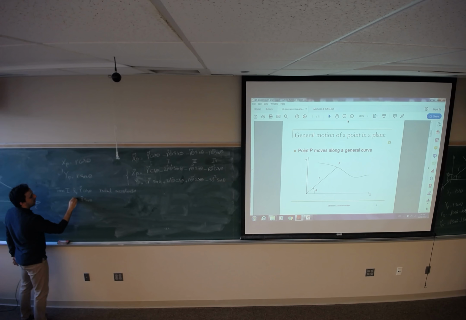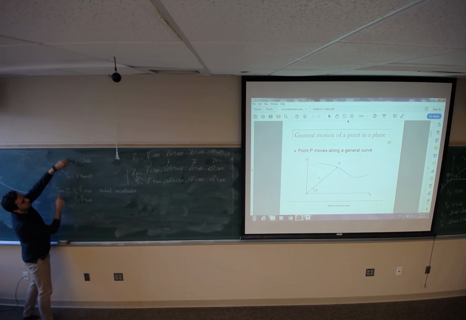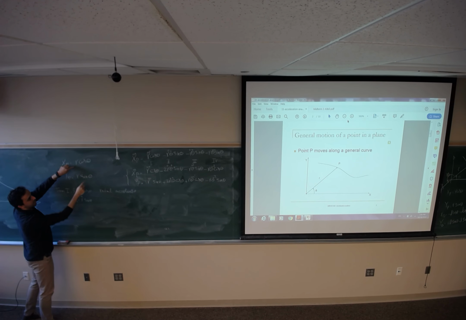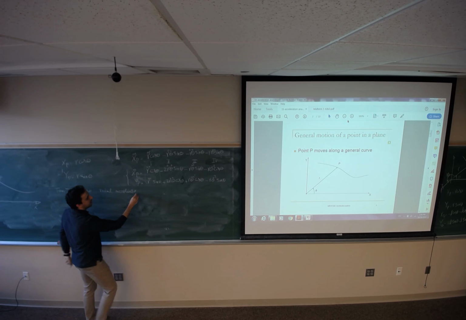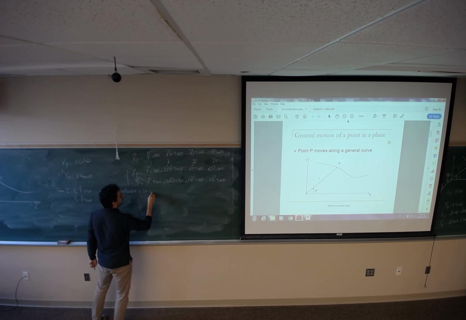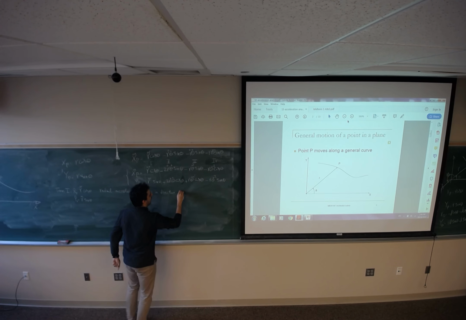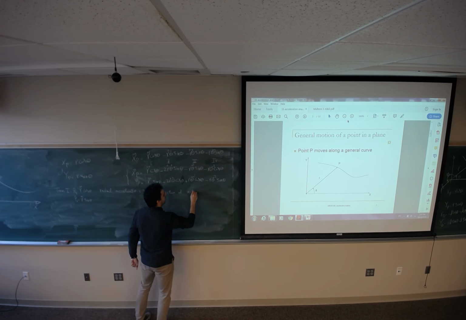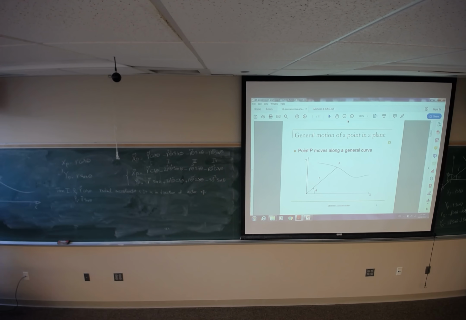Y for radial is r double dot sine of theta. If you compare with point P, you can see cosine of theta, cosine of theta, sine of theta, sine of theta. We can say radial acceleration is in the same direction of vector OP. So the first term of acceleration is going to be in the same direction of vector OP.